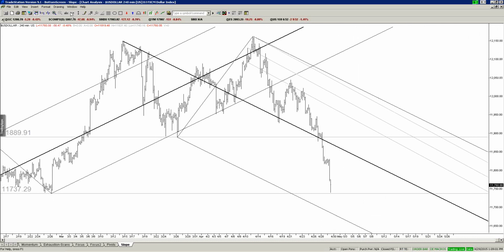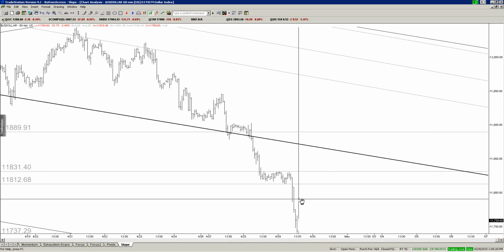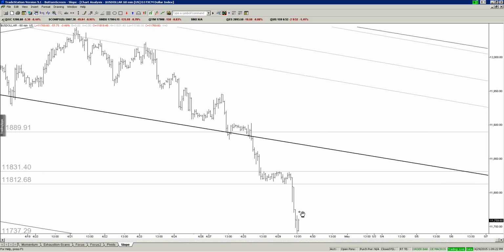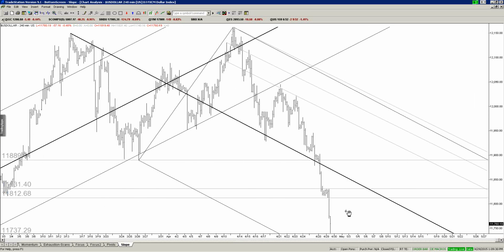At some point, when there is a fourth wave recovery, you're going to want to look for it to come back into a former fourth wave, which very well might be here. And we're actually, it looks like, well, we're seeing it. This is only an hourly chart. That's why when you have big market moves like this, you kind of get really screwed up by looking at short-term charts.